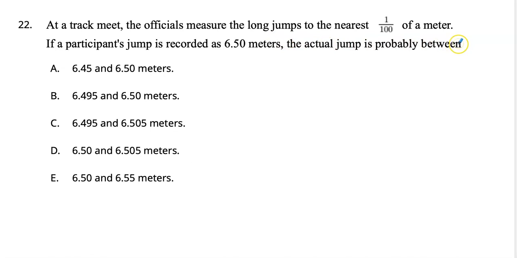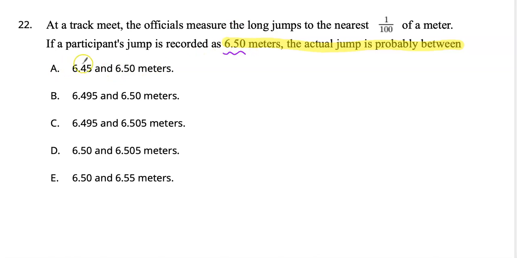Now we did a problem similar to this. So in other words, the actual jump is somewhere between which one of these? Another way to look at this is, and again, we did something similar to this, they're basically asking the following. 6.50 is between which one of these numbers?